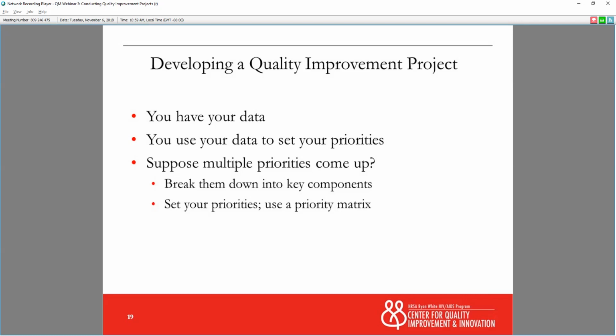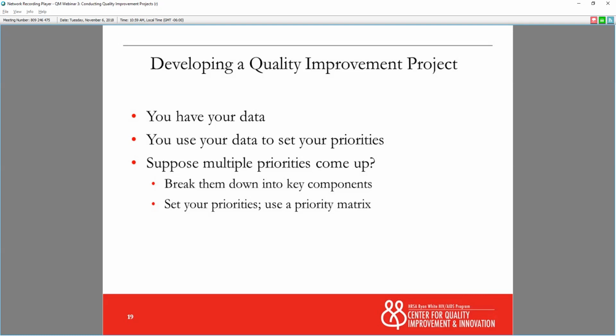Anyway, so when your data starts telling you a story, hopefully it'll just give you a nice, clear path to be able to set up your priorities and move forward with improving. But what if multiple priorities come up? What do you do?